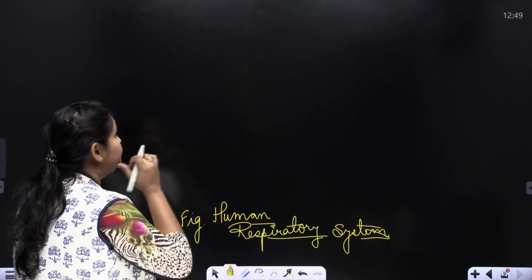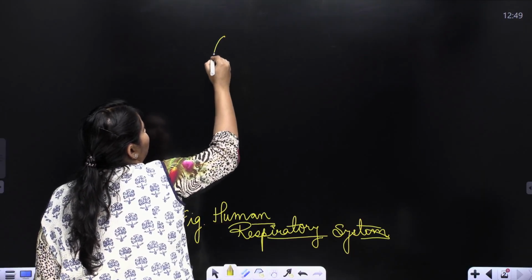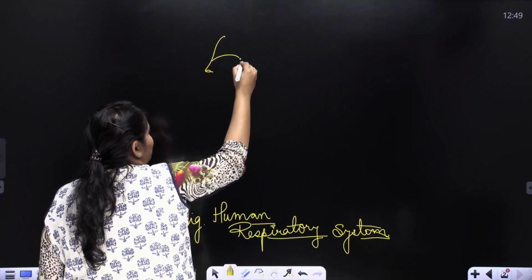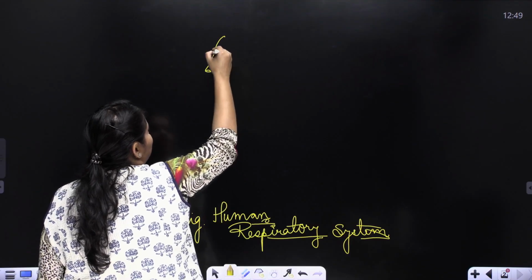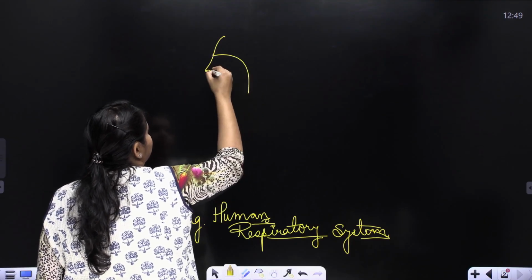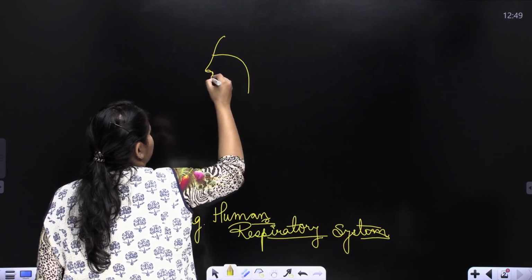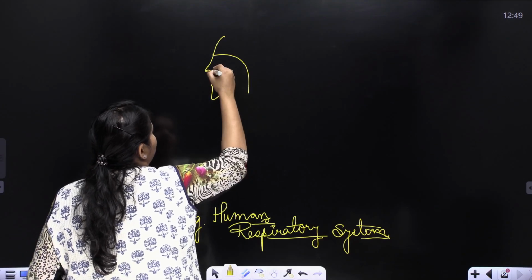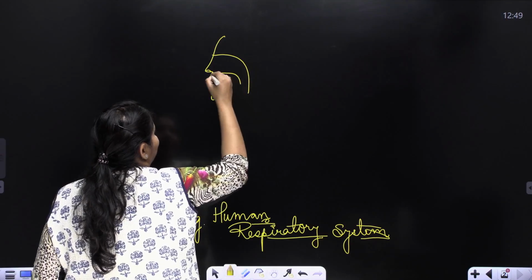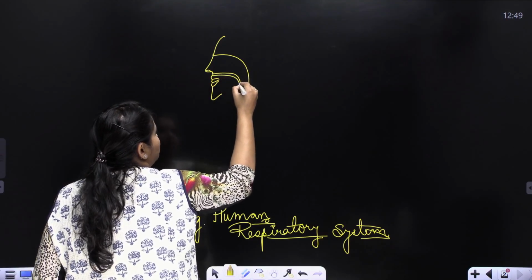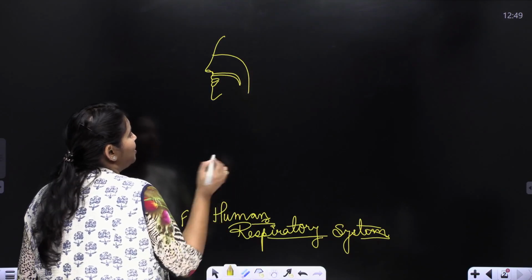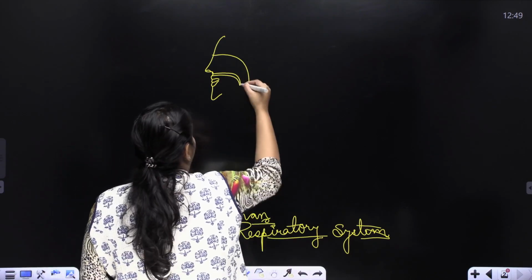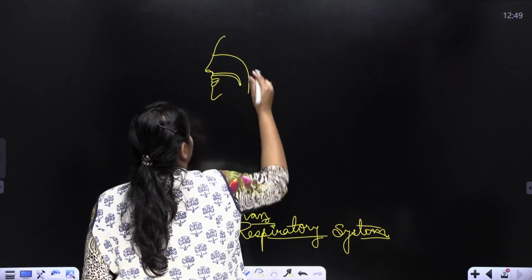The human respiratory system begins from the nostrils that lead into the nasal passage. This is the buccal cavity part. And here we have a partition which divides the nasal cavity from the oral cavity.